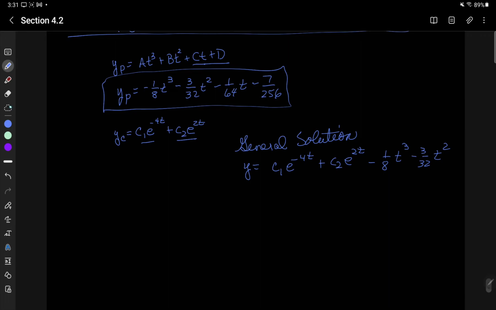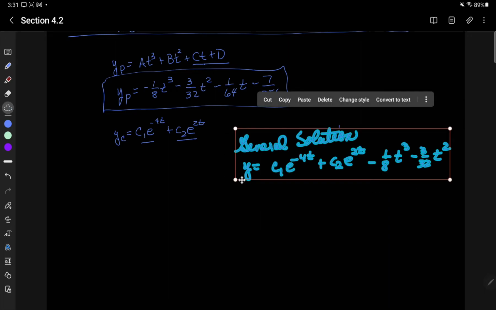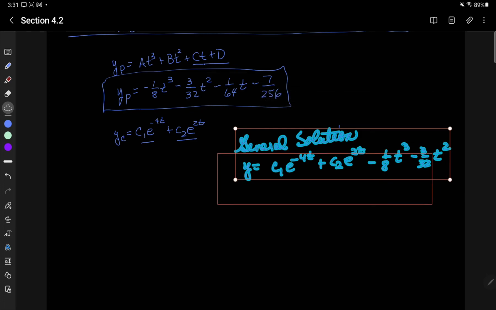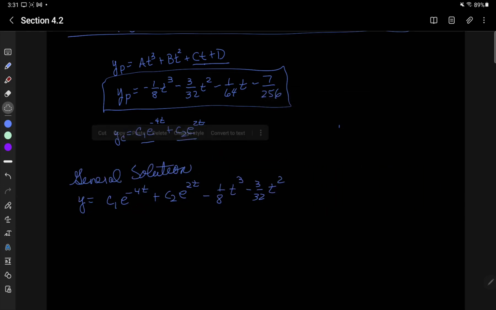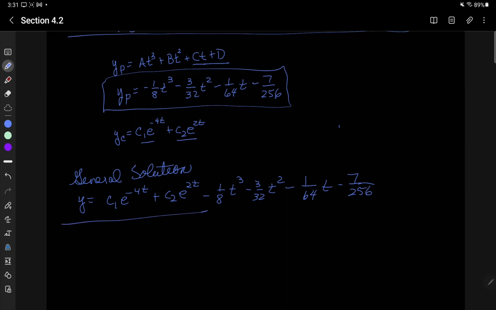And I'm running out of space, but I know how to copy and paste, so I can bring this over here. Minus 1 over 64 t minus 7 over 256. So that's the general solution in terms of t.